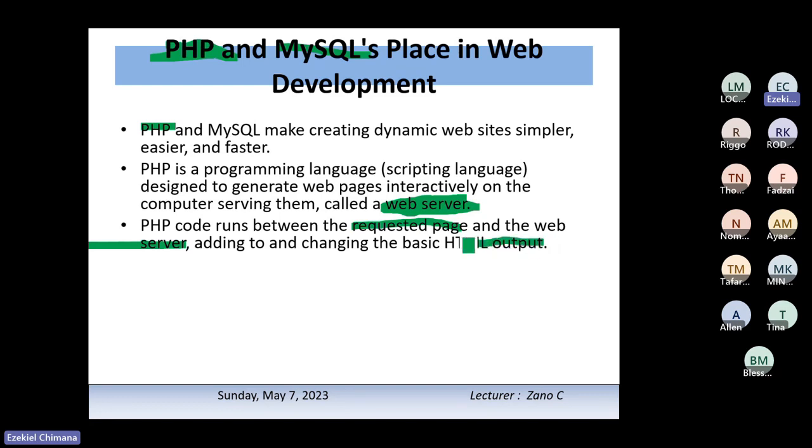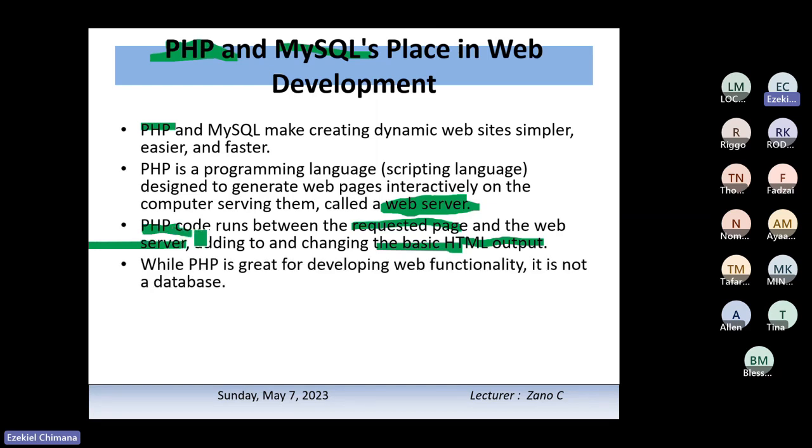So what it does, whenever you send a request to the server, the PHP code is the one that runs there, which will be extracting the information from the what? From the web page, and then sending the response, maybe be it the HTML response or be it the data that you need, and then you display it on the screen. You need PHP for that.